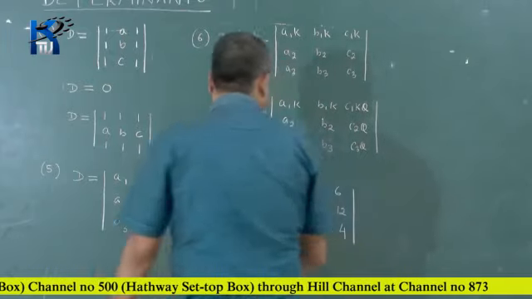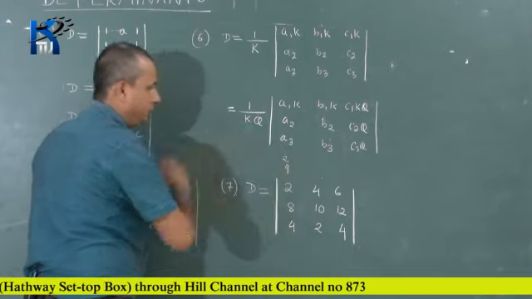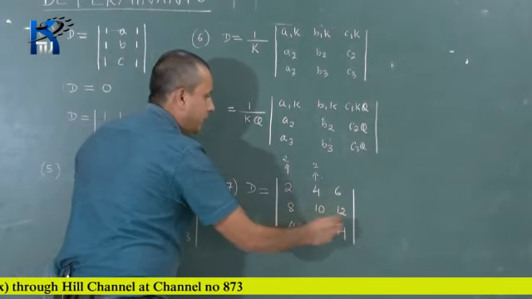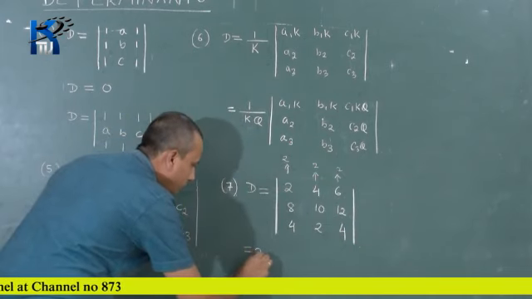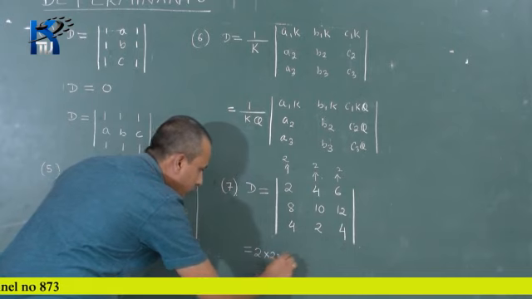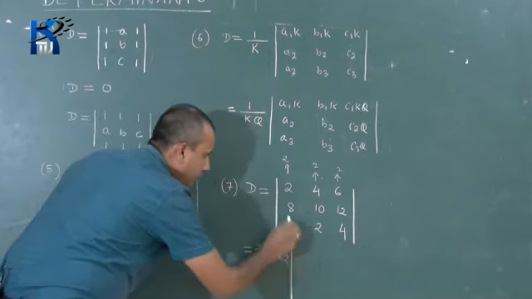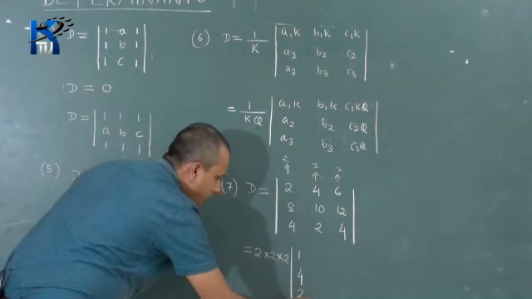Now, see over here. From this first column, the common is 2. Over here, the common is 2. Over here also, the common is 2. The total common is 2 into 2 into 2. Now, if I take 2 common from this, this one will be 1, 4, 2.